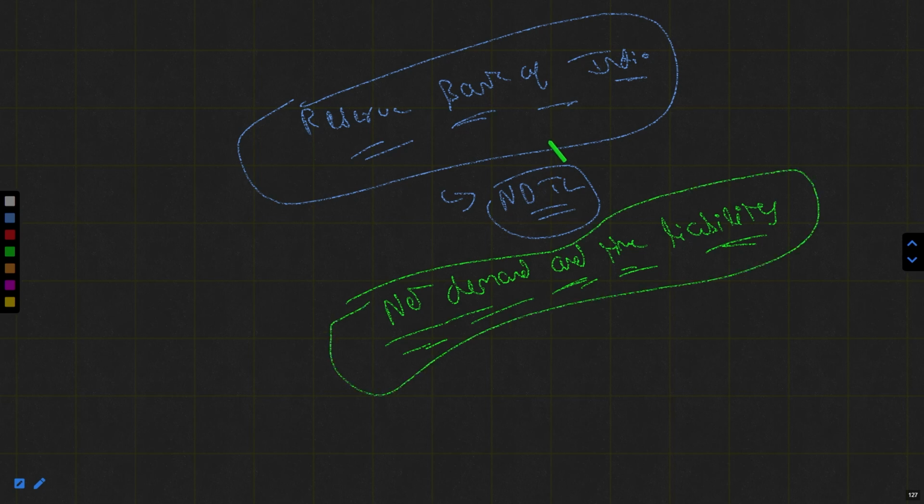All right. So now I hope you have got a little understanding of what we mean by reserve. Suppose XYZ had a reserve for rupees 10 lakhs. They could not lend out the entire 10 lakh rupees as a loan.